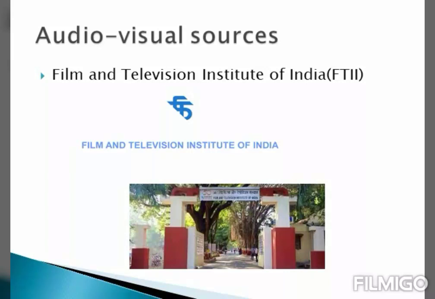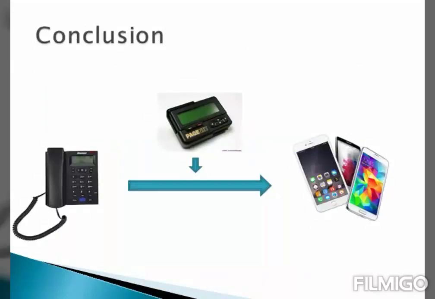The times in the 21st century are changing so rapidly that even these sources will prove to be inadequate. However, new sources are coming forth. For example, during the transformation from landline telephone to cell phones, a gadget called pager came up for connecting people, but it died out as quickly as it came up.